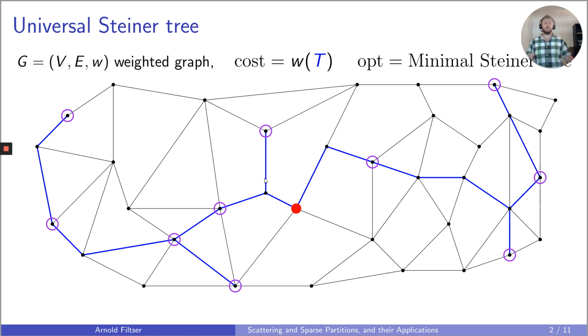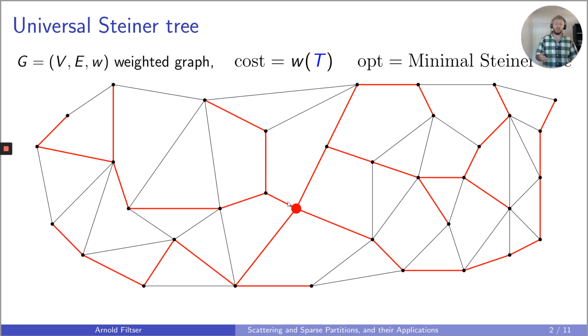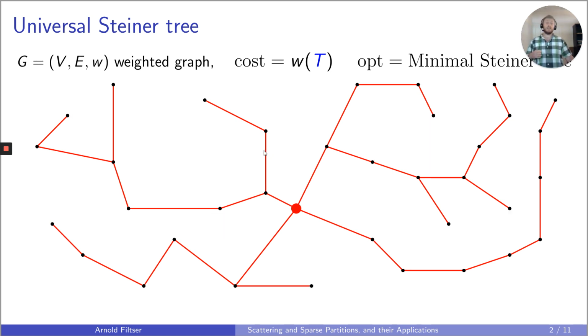An alternative solution is a universal Steiner tree. Here, we are given a single tree spanning the entire graph, for example, the red tree here. Then once a set of clients arrives that we want to send a message to, we simply send the message in the subtree spanning all these clients, the green tree here.